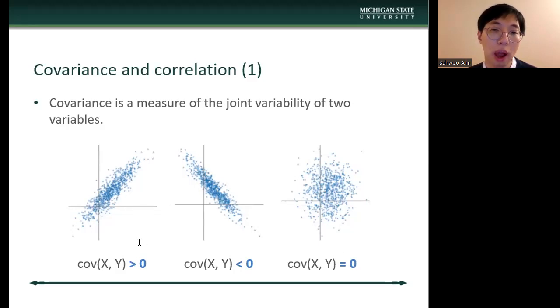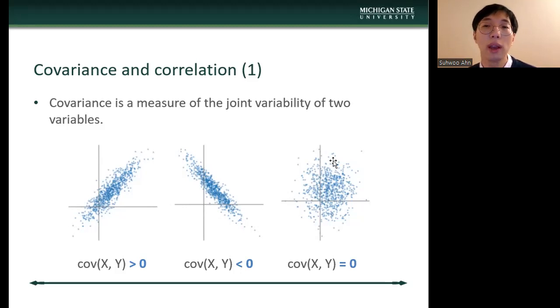First, as shown in the graph on the left, as one variable increases and the other variable also increases, like x increases and y increases, we can say this is a positive relationship. Then the covariance between x and y is a positive value. However, as shown in the middle, when x increases but y decreases, this is a negative relationship, and the covariance between x and y has a negative value.